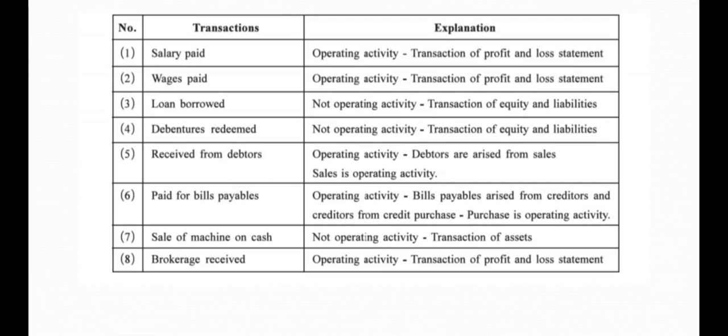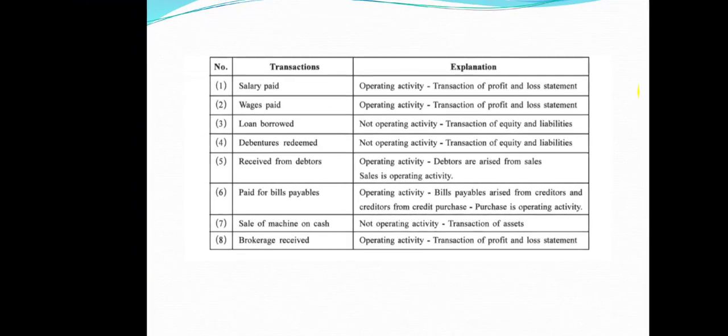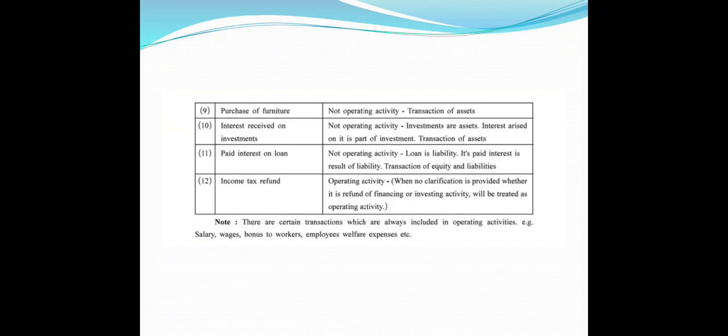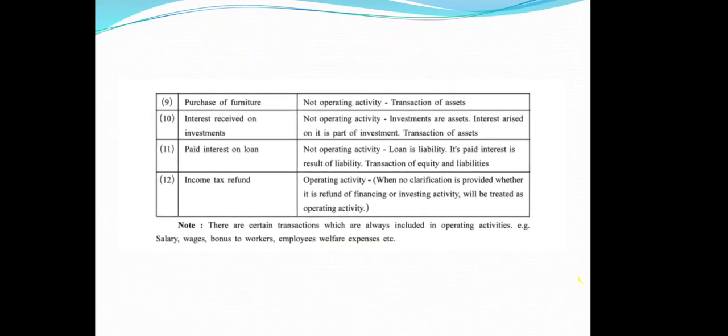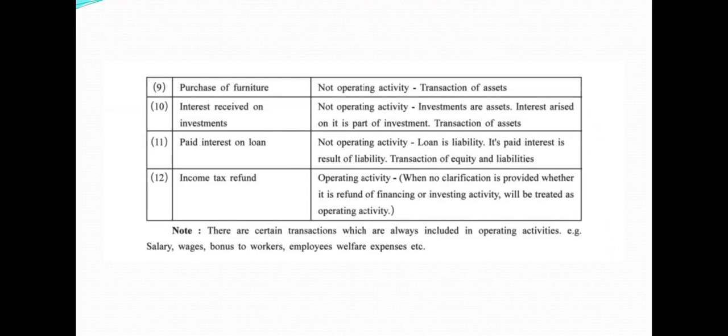What else? Sale of machine on cash. Machine is a kind of investment, so it is a non-operating activity; it is a transaction of assets. Brokerage received is a routine one, yes, it is an operating activity and a transaction of the profit and loss account. Let's take a few more. Purchase of furniture is again a transaction of assets, so it is not an operating activity.